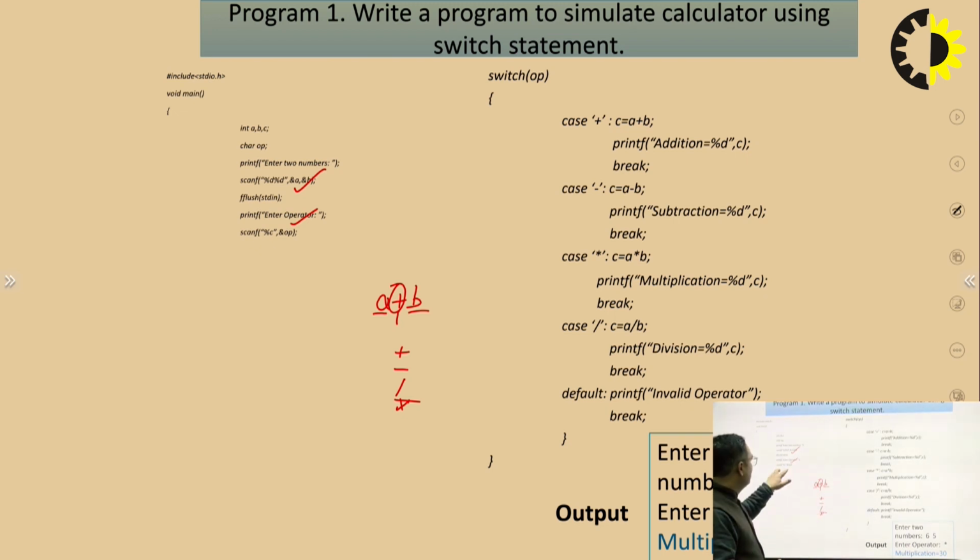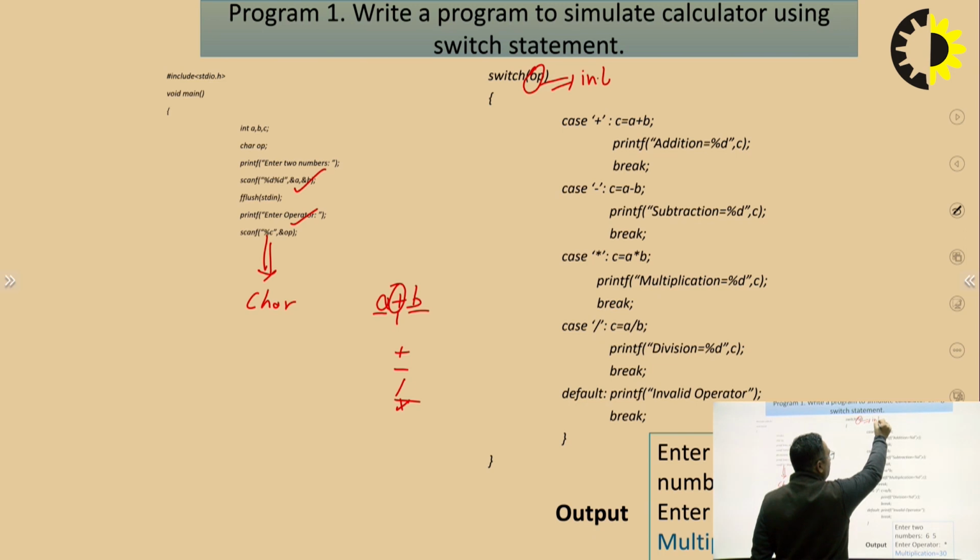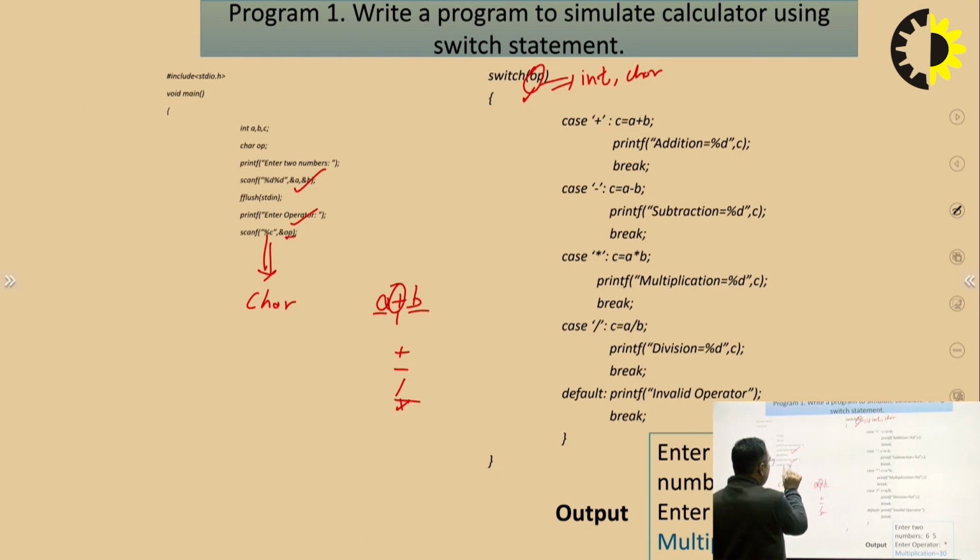The moment it gets it, look at this, this is char. I just told you that the switch statement in C works on int or char, right? So this expression should either be evaluated as int, or char. Here it is evaluated as a char, meaning we are taking input from the user, and when this is char, it is matched with the choice of the user.